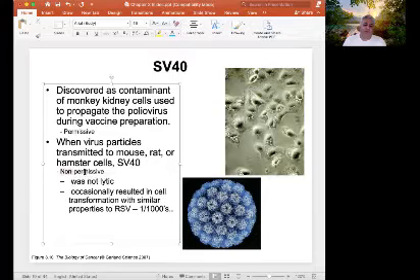So this is referring to non-permissive cells on this side. So when the virus enters non-permissive cells, it doesn't cause the death of the cell because those are non-permissive cells, right? So it can't grow inside those cells for some reason. But every now and again on this side, it does cause tumors to develop.